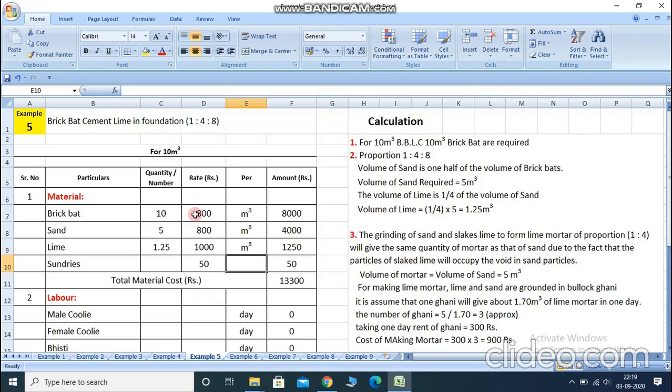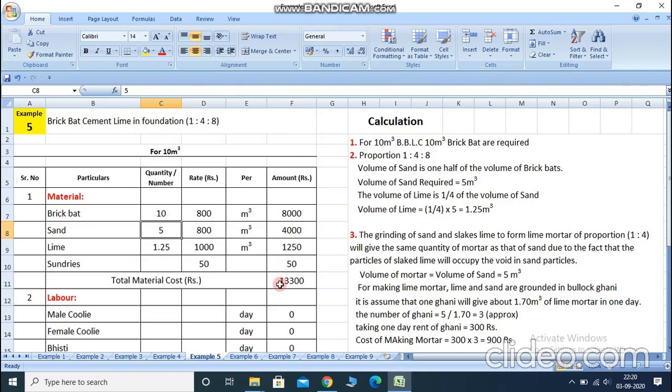The total amount is 800 multiplied by 10, which is 8000. Then 800 multiplied by 5 is 4000. 1000 multiplied by 1.25 is 1250, plus 50 rupees extra cost. The total summation of 8000, 4000, 1250 and 50 is 13,300 rupees.